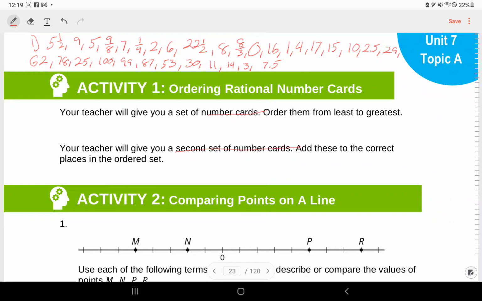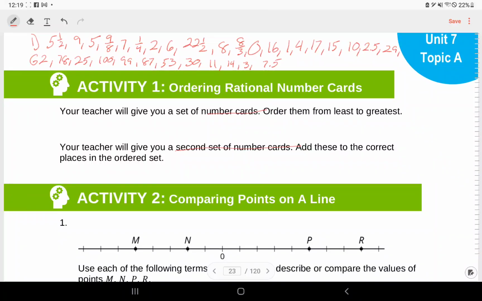And you need to put those numbers in order from least to greatest.